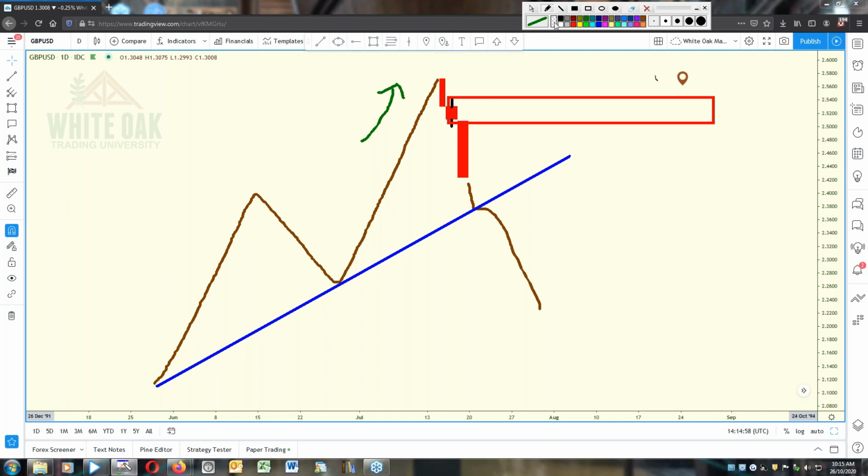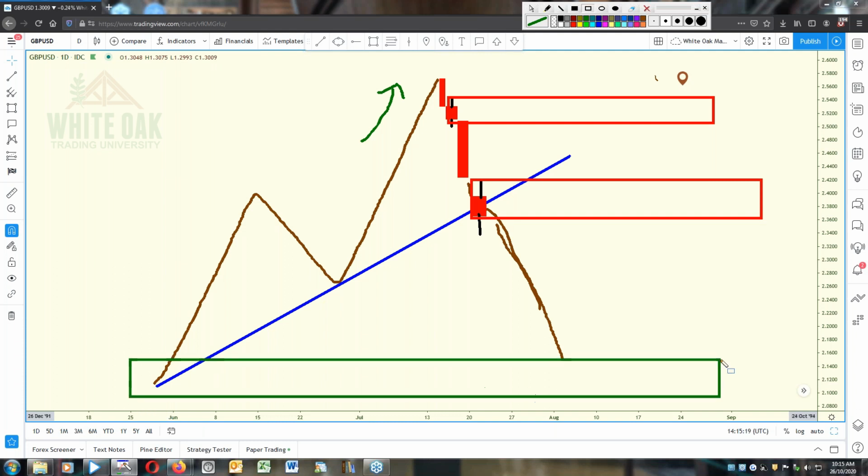When price comes down, there may be another 50% here, creating another supply. And then price comes down here, and then maybe there's a demand zone down here. And then it comes up, then it creates a 50%, and then it drops, and then it creates a 50%, and then it comes up and it breaks through this area. And then we have an uptrend line like this.